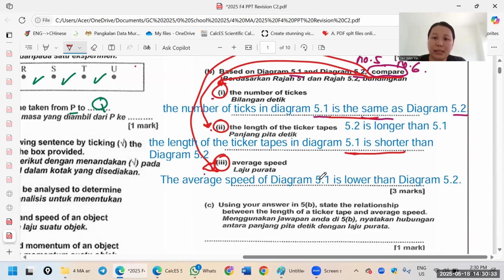So now can you see 5.1 shorter, 5.1 lower?